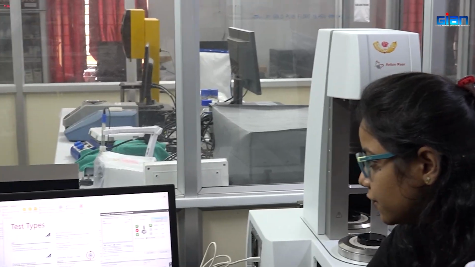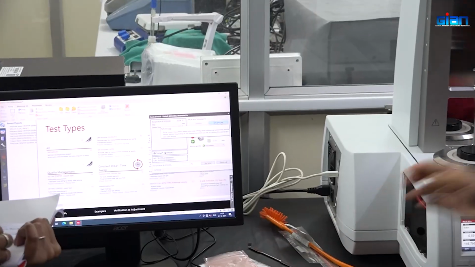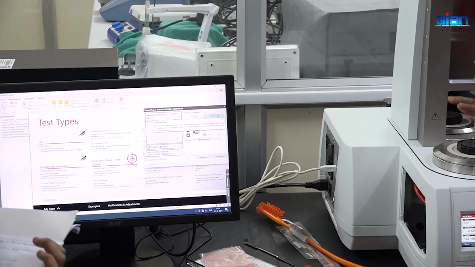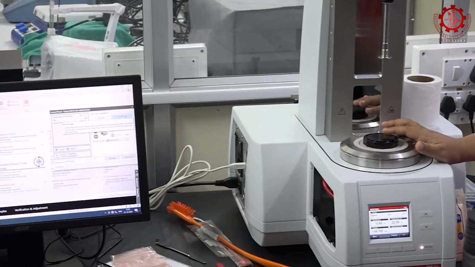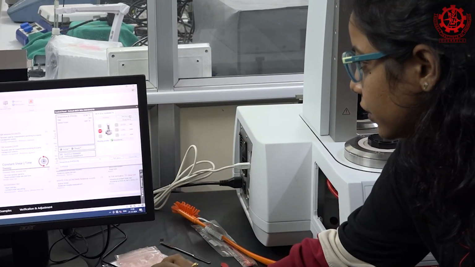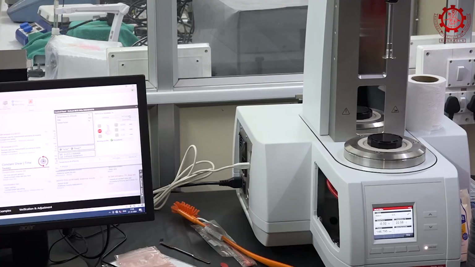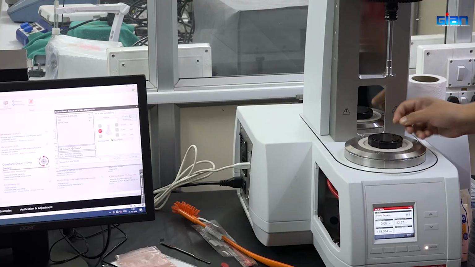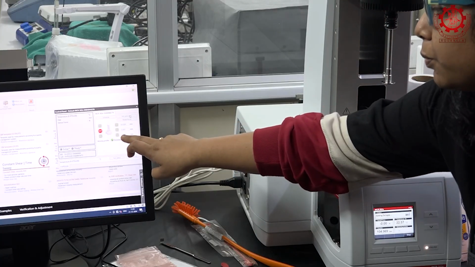So now what we'll do is first set zero gap. First, the machine needs to know what is the gap between the cone plate and the Peltier plate. So first it will check the gap. Then we'll put the sample. In cone plate, there is a certain distance which it will go. It is already preset, 0.1 mm.